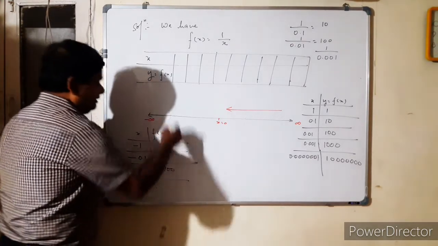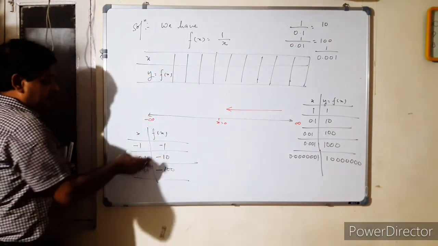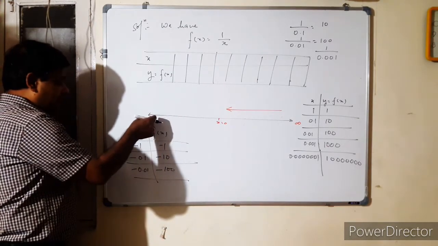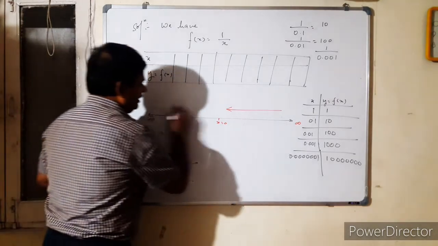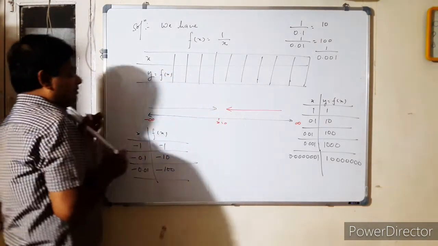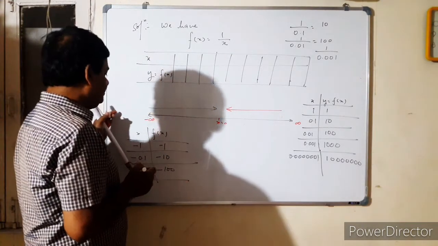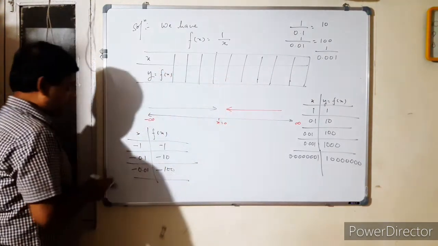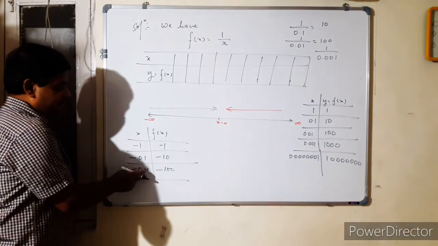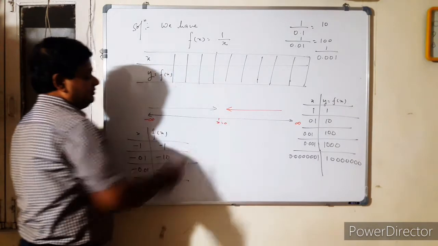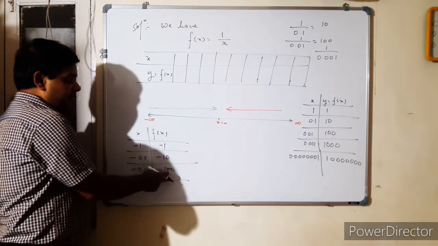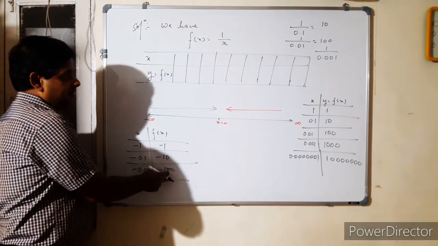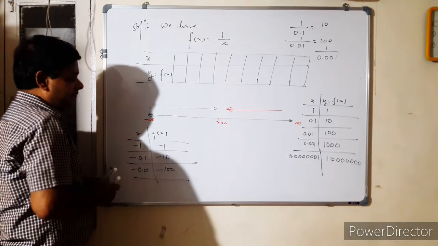So it means you are going towards minus infinity. When you are going from the left side towards 0, the value is decreasing very fast.